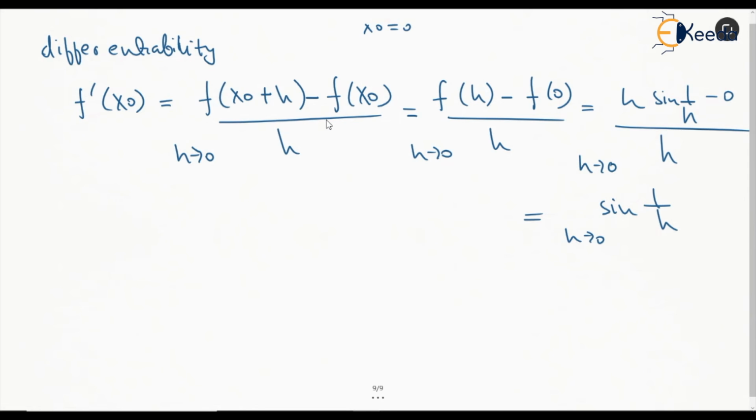Now you can see we don't have any term which will actually cancel the effect of this undefined function sine 1 by h, right? Like in the previous case we had x into sine 1 by x. We don't have any such x here. Now this is sine of 1 by h, and we know that sine at infinity is not defined.